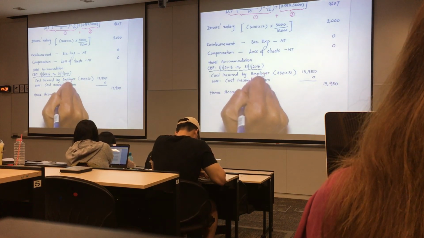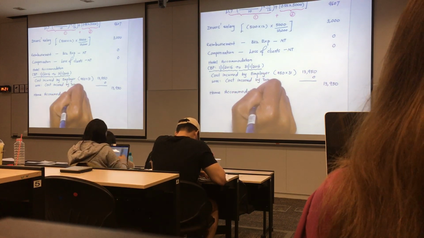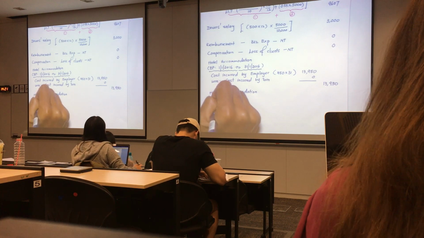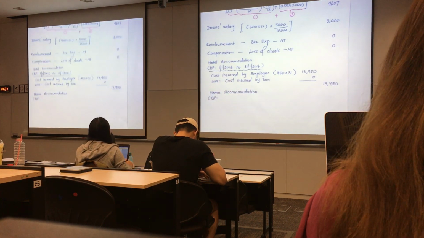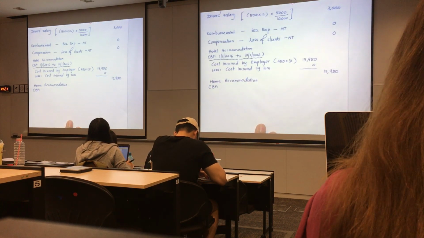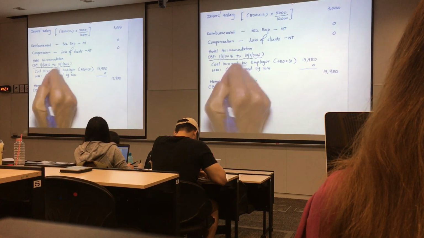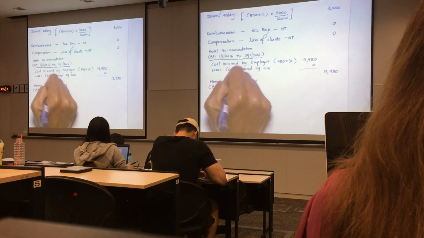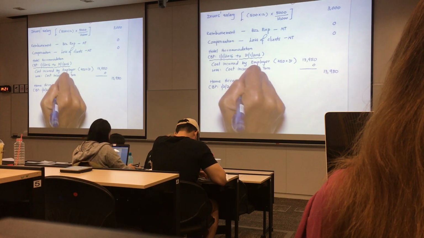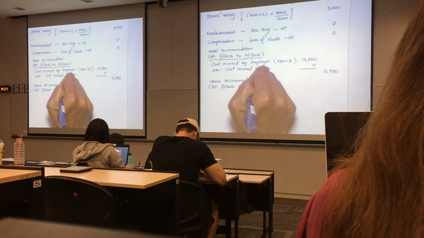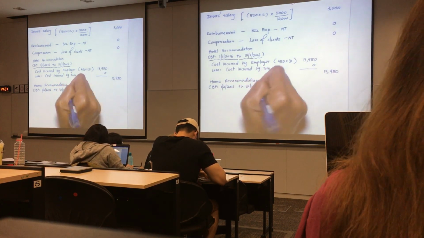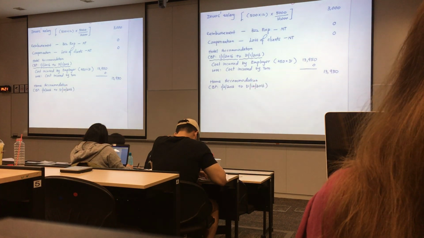Okay, now with regards to home accommodation, same thing. What is the basis period? Remember, when you read the question, they tell you thereafter he has been occupying a permanent place of stay, which is from Feb to December.